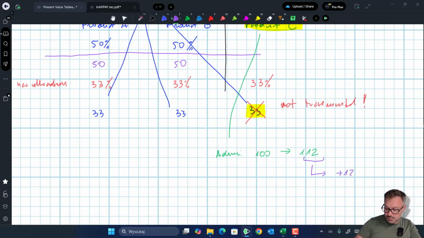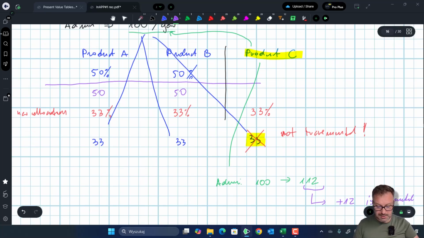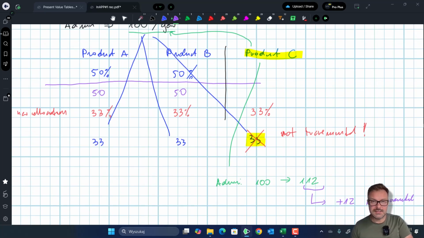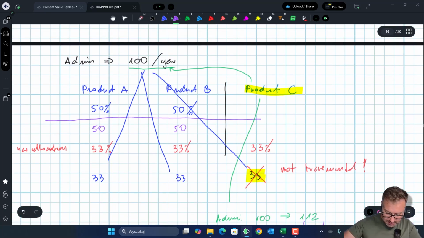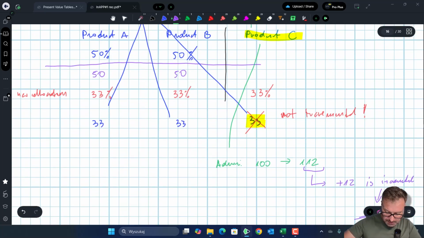The plus 12 is incremental and should be included in the NPV calculation, irrespective of how the new allocation will be done, how the company will take the entire 112 and split that.